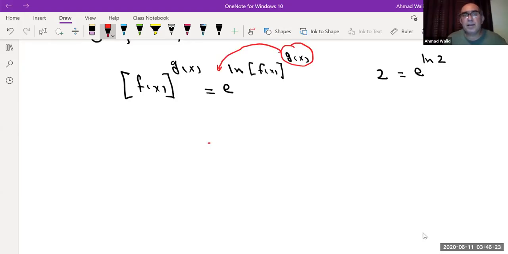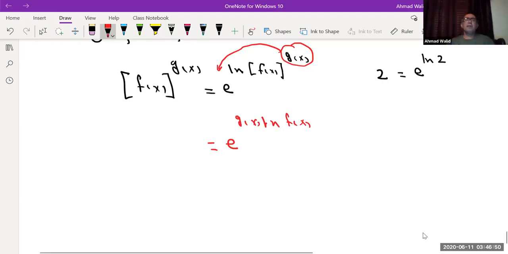It means you can write this one as e to the power of g of x ln f of x. Using this method, you can solve or find those indeterminate powers.